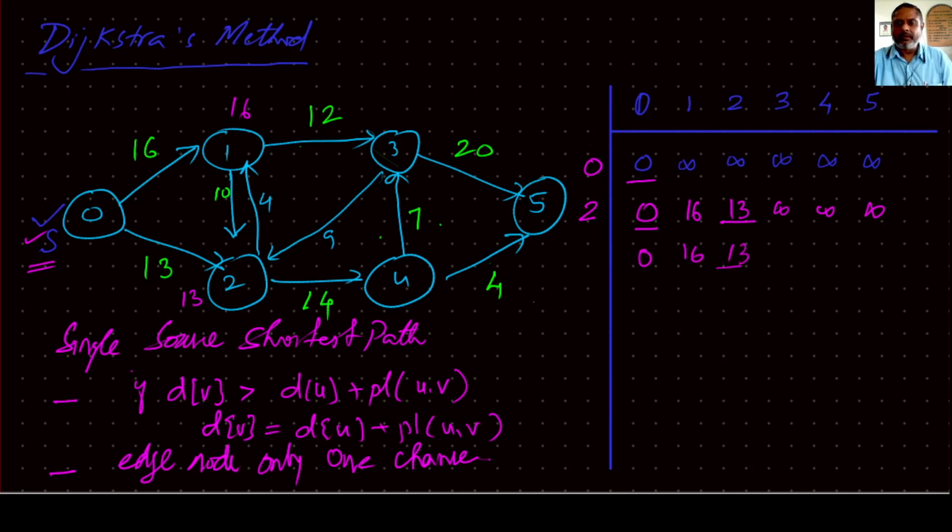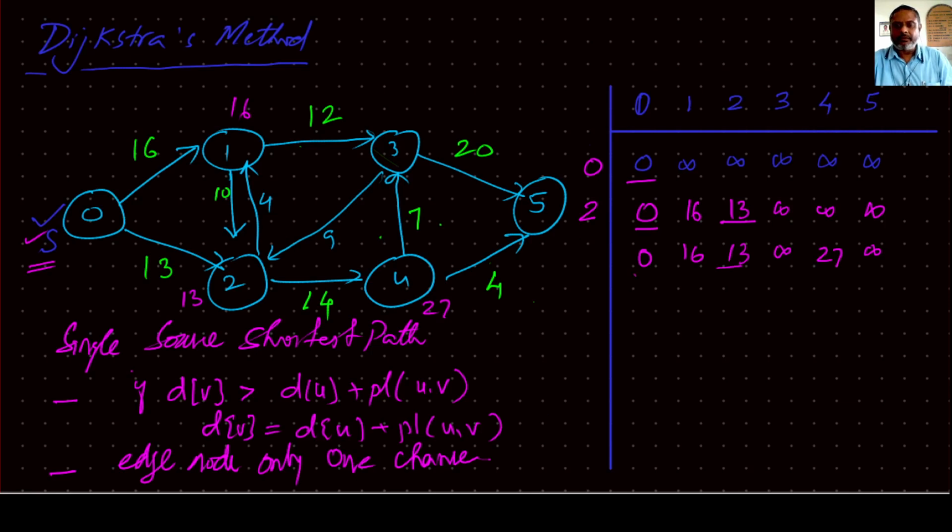From 2 we can also go to 4. So 13 plus 14 makes 27, and earlier it was infinite, therefore this becomes 27. From 2 there is no chance to go to 3 directly, therefore 3 and 5 are still remaining infinite.